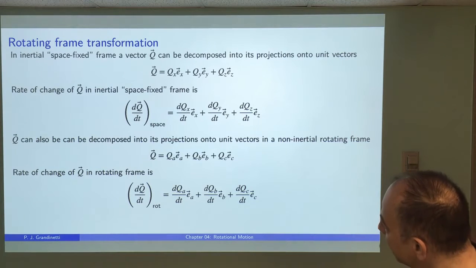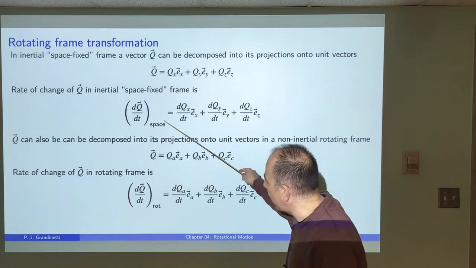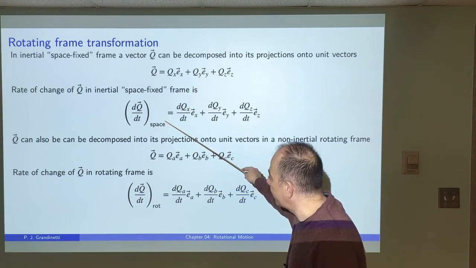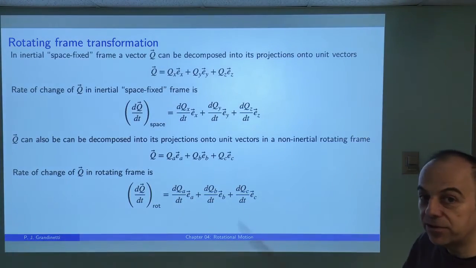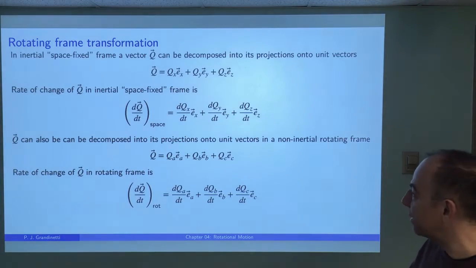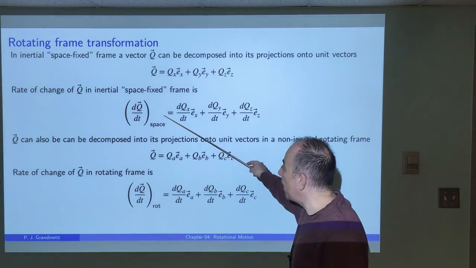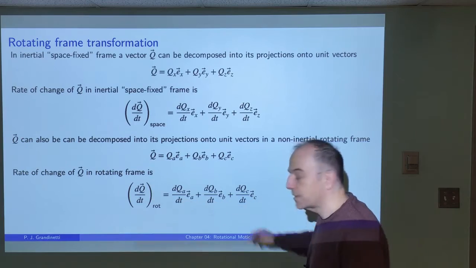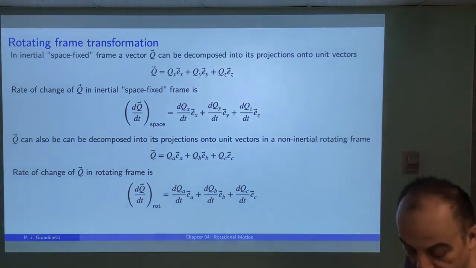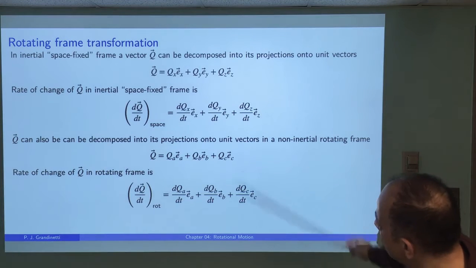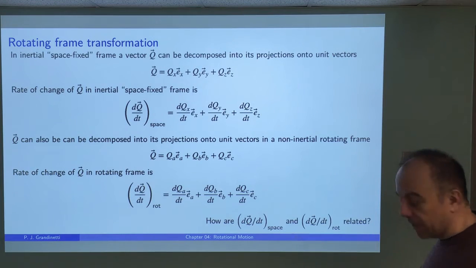But what we'd like to know is, how is the rate of change in the space-fixed frame related to the rate of change in the rotating frame? These are two different time dependencies. What could look like it's not moving in the space-fixed frame will look like it's moving in a rotating frame, and vice versa. So let's look at how we can relate these two quantities.